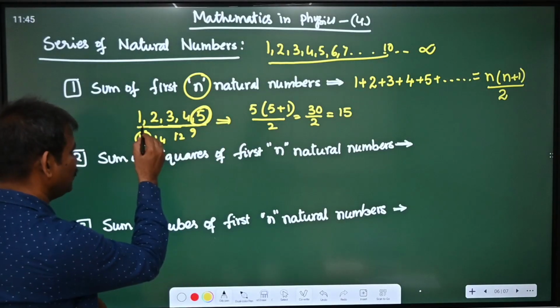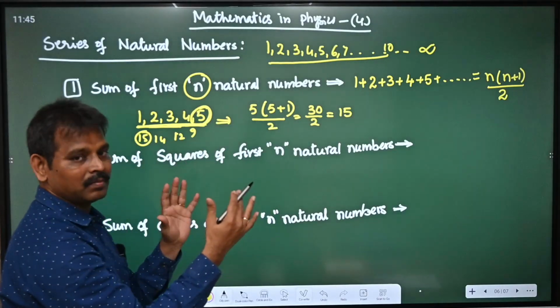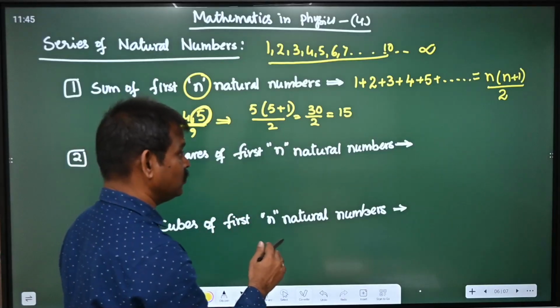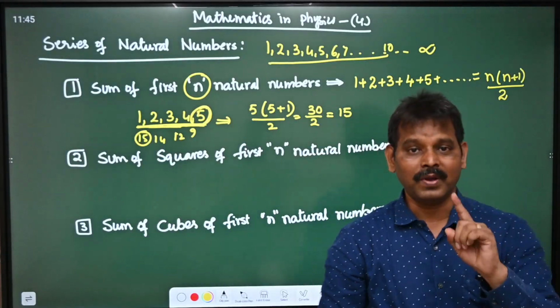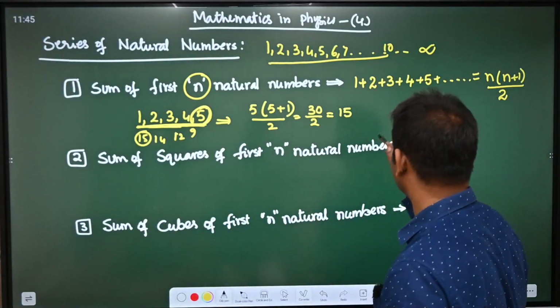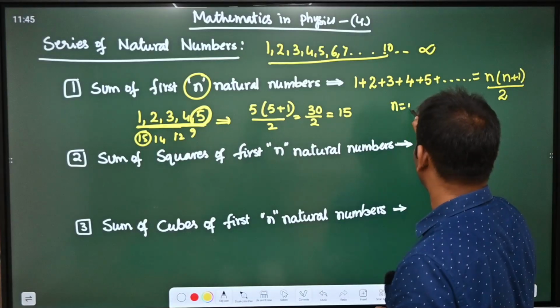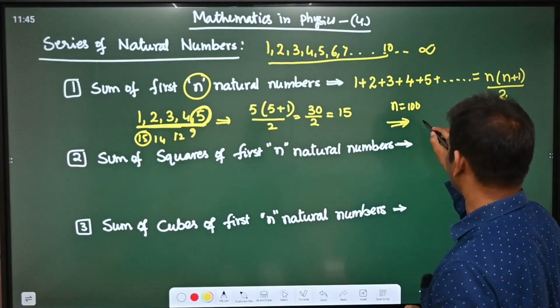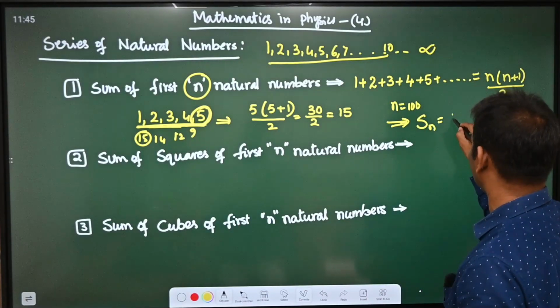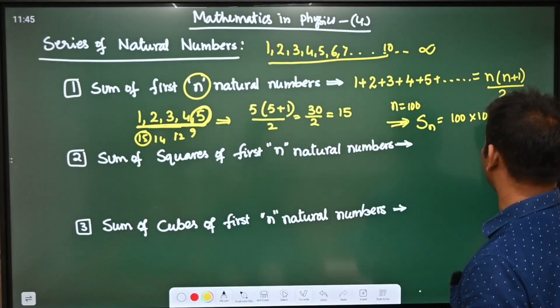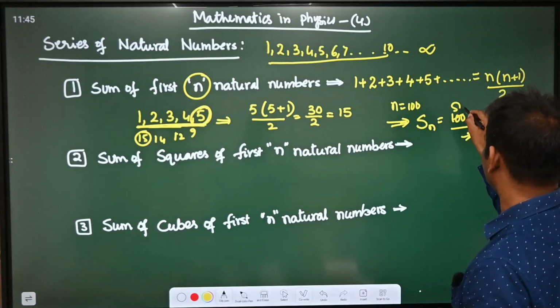Adding 4, 5, 6 numbers or 10 numbers is very easy. But if they ask you to find the sum of the first 100 natural numbers, n is equal to 100, directly we can write n is equal to 100 into 101 by 2.